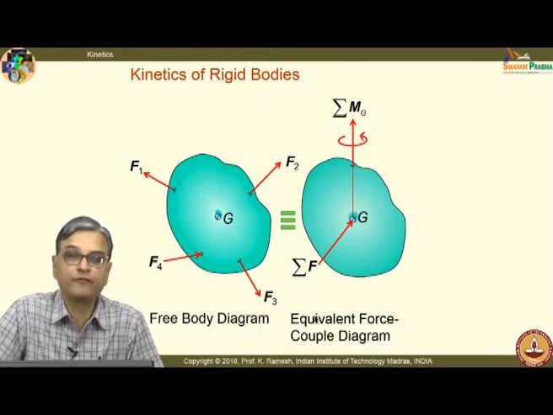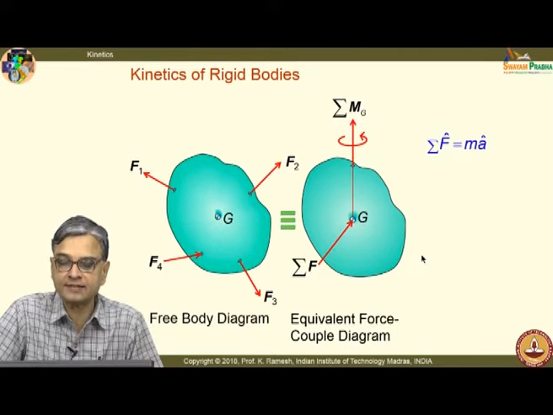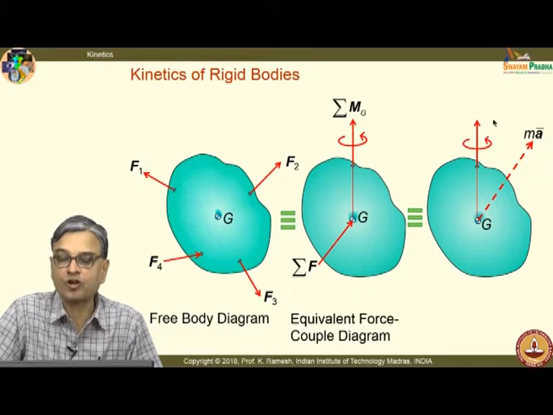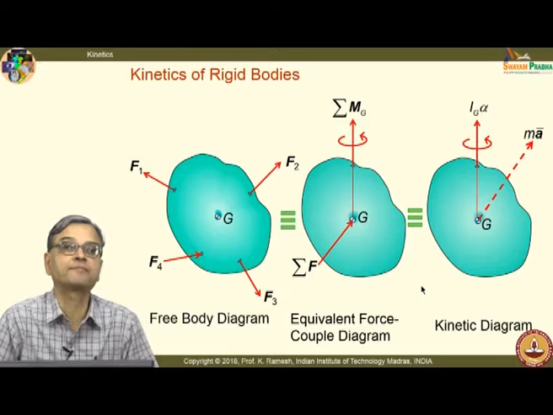This is the equivalent force couple diagram, which could be visualized in terms of Newton's law F equal to ma, and we have learnt at length the moment is nothing but the rate of change of angular momentum. So, I could visualize this as translation and a combination of rotation, and this is known as a kinetic diagram.